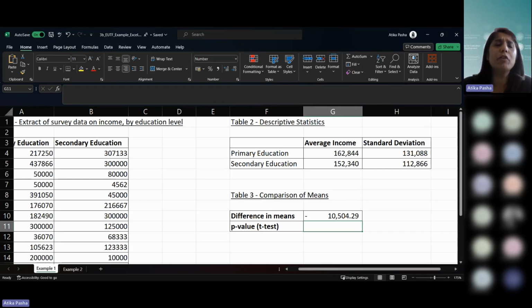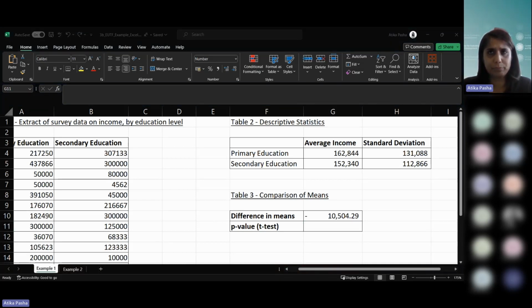Again, for this, it's something that I've already talked about. We calculate the p-value for the t-test only. There are also other p-values you can calculate in Excel, but in this case, we're focusing on the t-value, right?